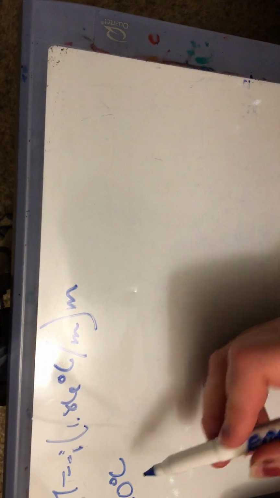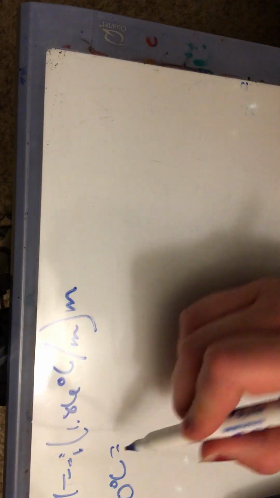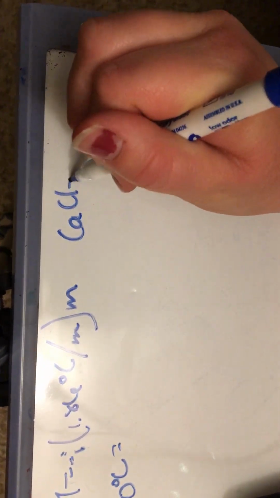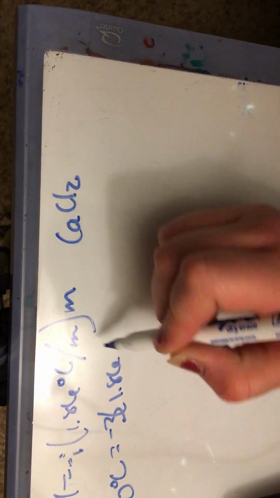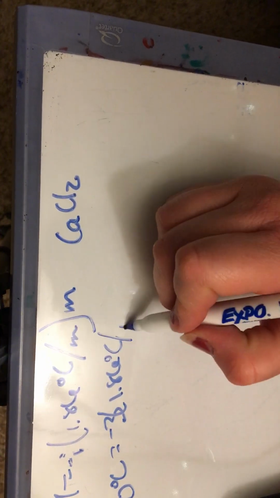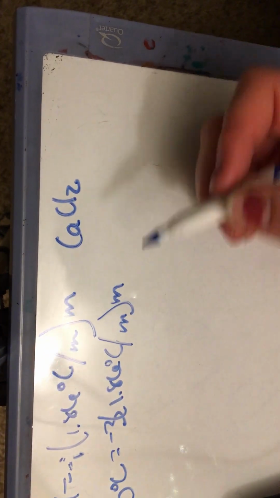So we know the delta change is 10 and it's freezing point, so it's going to be a negative i. And we also need to know that CaCl2 will give a 3. This is our equation.